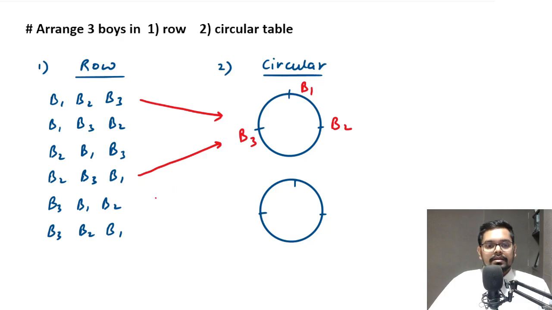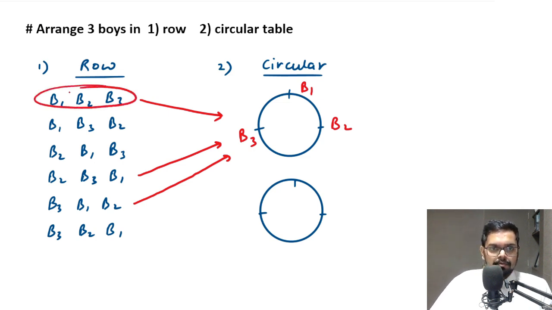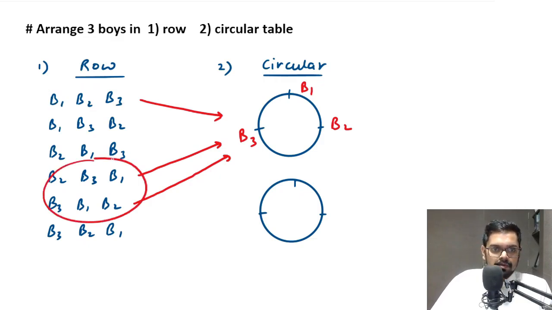Similarly, this one is the same as this arrangement. Your question might be, how come? This part is clear, b1, b2, b3, but how come these two are the same?